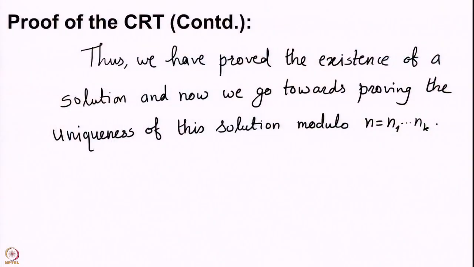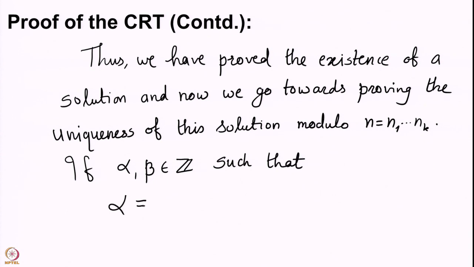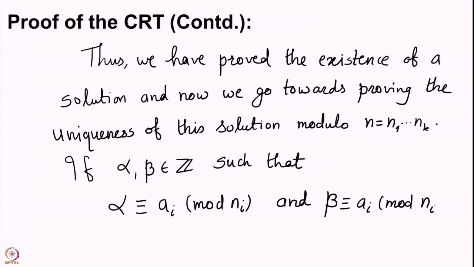So, let us write it. So, if alpha, beta exist in, let us say, natural integers, such that alpha is congruent to ai mod ni and beta is also congruent to ai mod ni, then alpha is congruent to beta mod n.